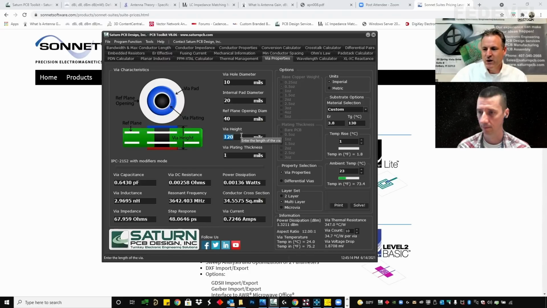So if I have 120 versus a 20, it makes sense to me. It makes sense being that a small via doesn't have a lot of thermal mass surrounding it. So a smaller amount of current is going to increase the temperature of the trace versus a via with a lot of thermal mass around it.